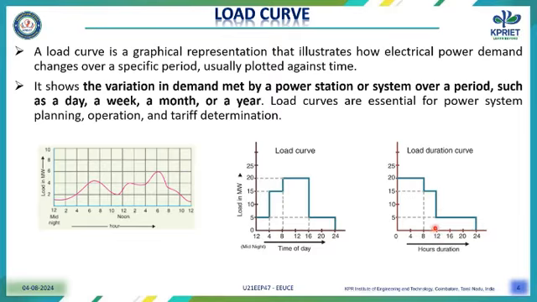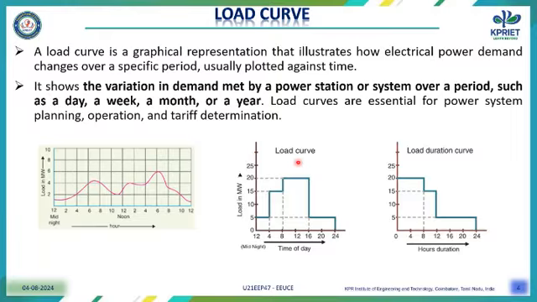Similarly, from 12 to 24 hours, the load is 5 megawatts. So during this period, the power demand is 5 megawatts. We have to represent the duration of the load with respect to power demand, and that is nothing but the load duration curve.